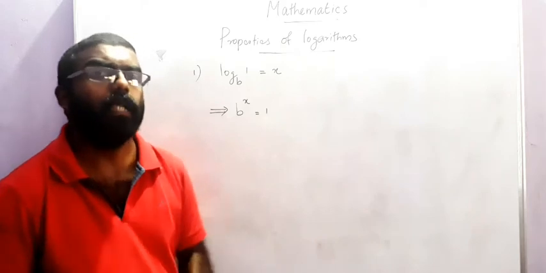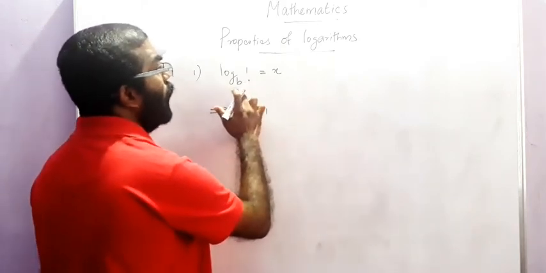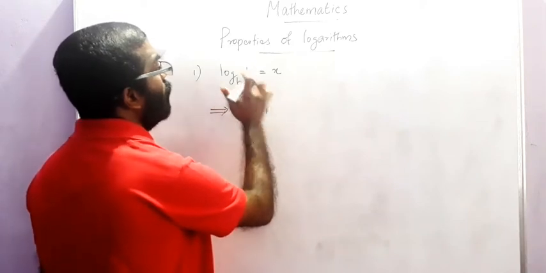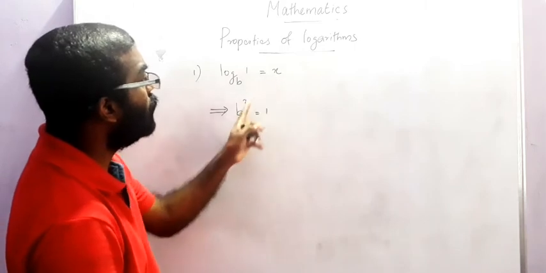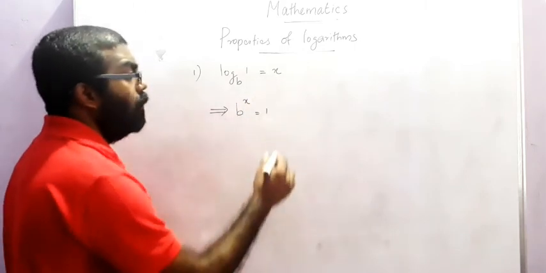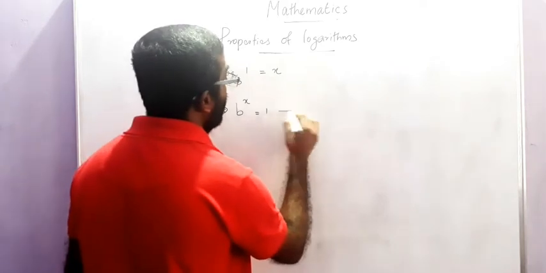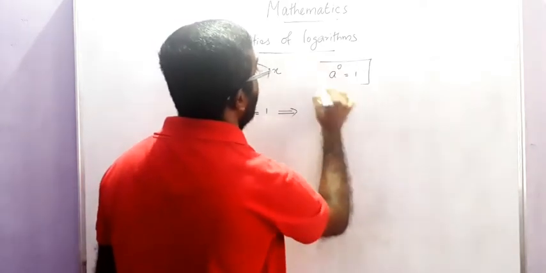As we know, log is the exponent to which I have to raise the base b in order to get the number 1. So b raised to the exponent x is equal to what? 1. And we know the formula a raised to 0 is equal to 1.